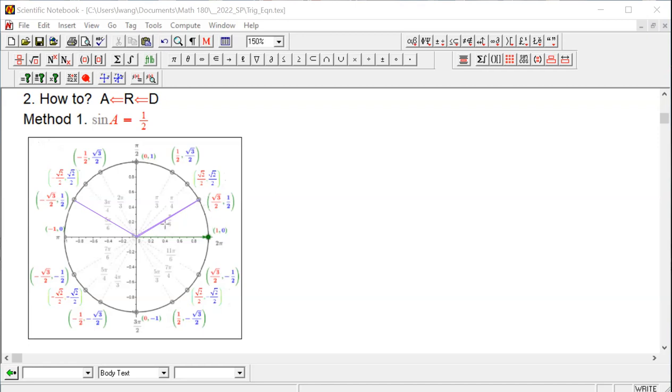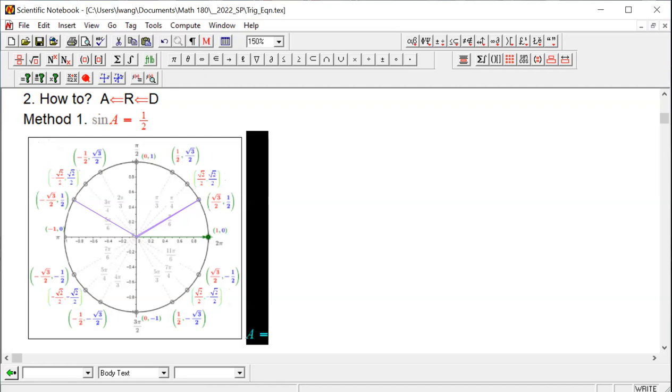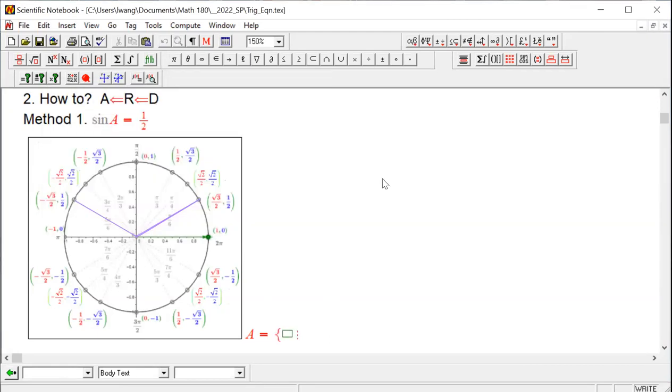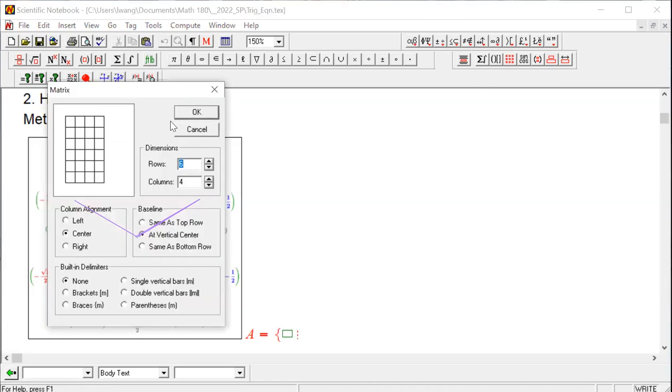Well, the reference angle is pi over 6, so A could equal, there are two cases. Let me write it down. Hold on, I'm going to need the curly bracket. And there are two cases.